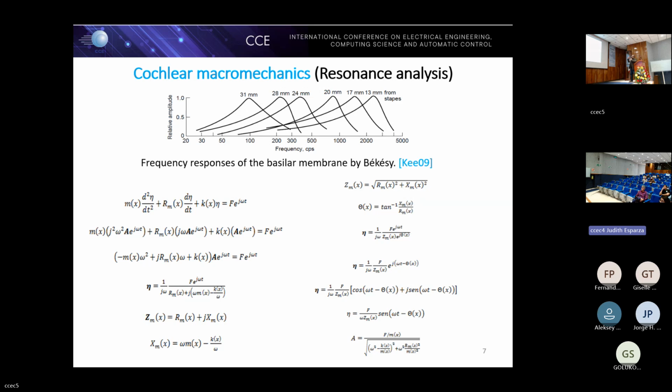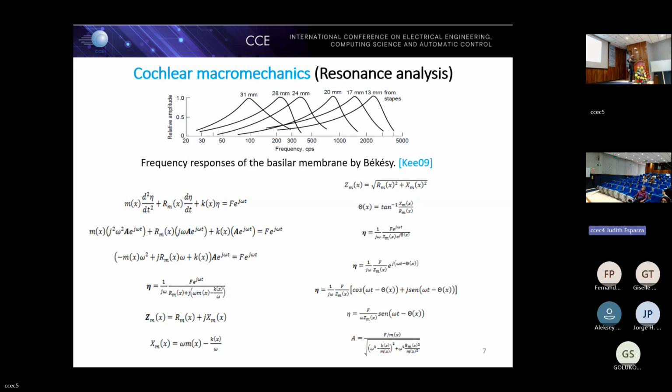Here is the distance along the basilar membrane, and this is the frequency. For example, you can see how 100 cycles per second corresponds to a specific distance along the cochlea, and 200 cycles per second corresponds to this specific distance.